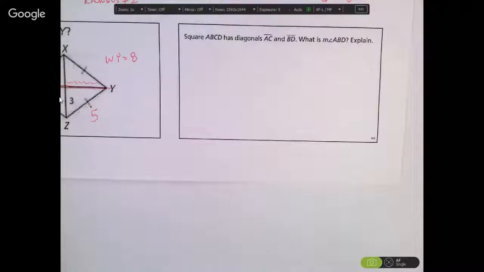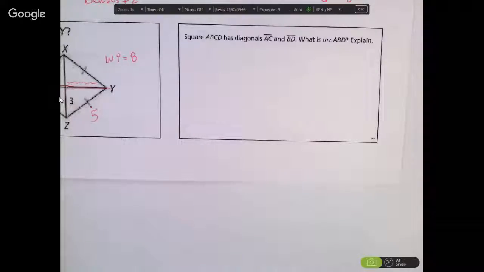How do we know which points go where? It's different on everything. Well, read it. Try to figure it out. Are you serious? It's a square.